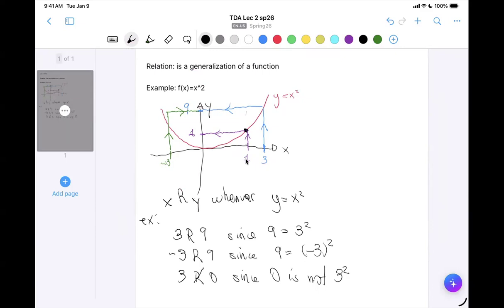That kind of makes sense. Now, in the case of a function, x can be related to at most one value of y, because one point in the input can only have one output.